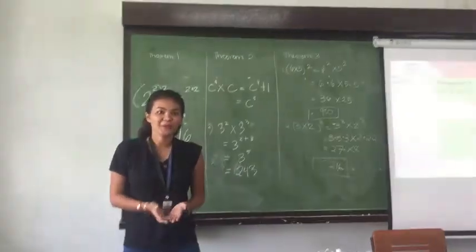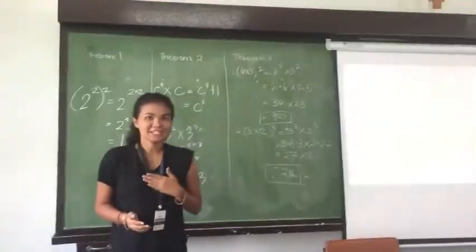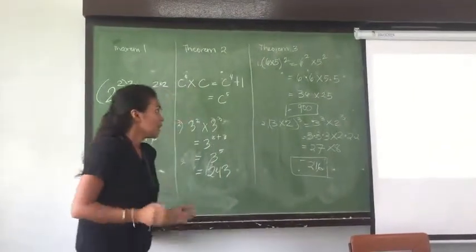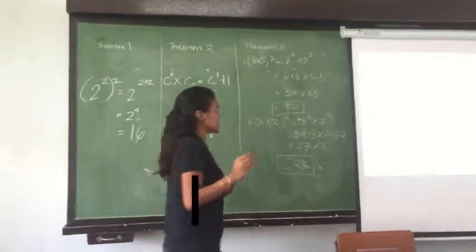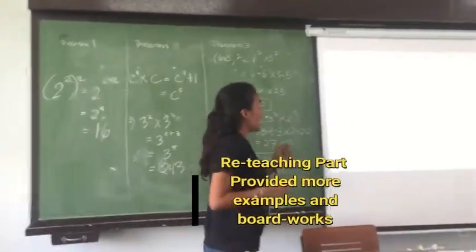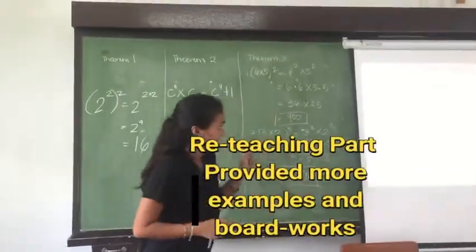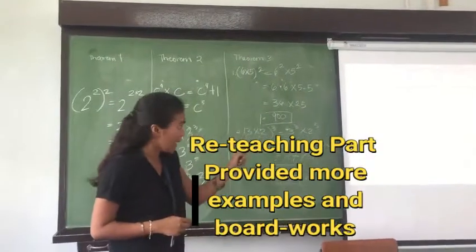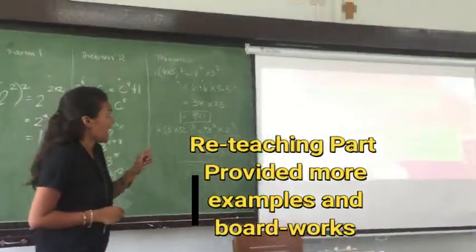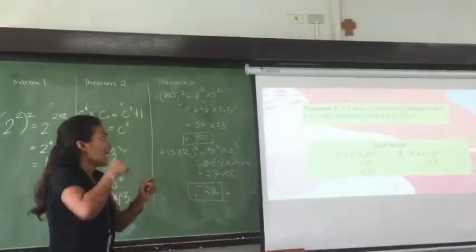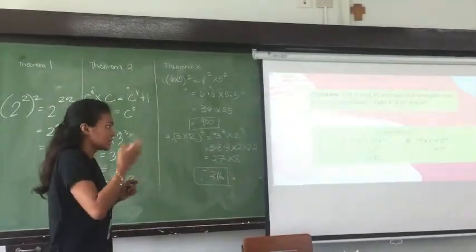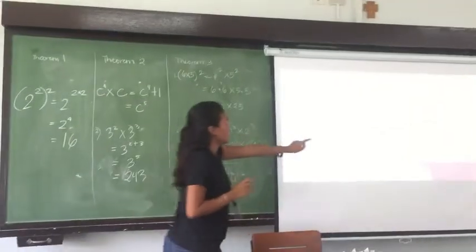So good morning everyone. I am Jim again, your teacher. I will give you another example of theorem 1. As you can remember, theorem 1: if n and m are positive integers and a is a real number, then you can add the exponents.